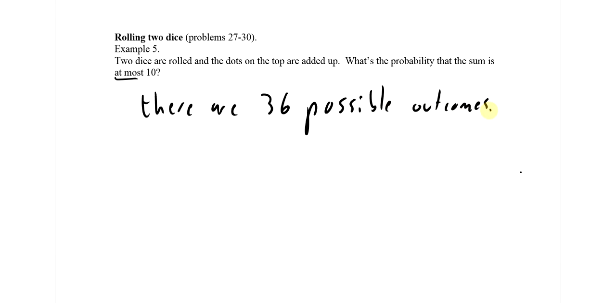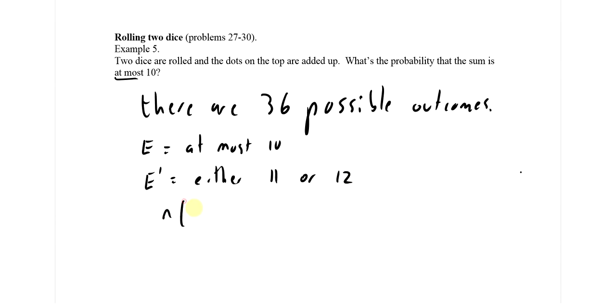How many of them give me a sum of at most 10? That would be getting a 2 or 3 or 4 or 5 or 6, 7 or 8, a 9 or a 10. What's the complement of that? Well, that's rolling either an 11 or a 12.